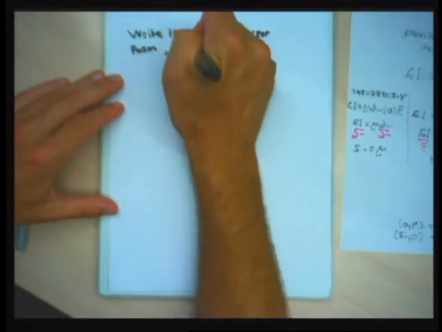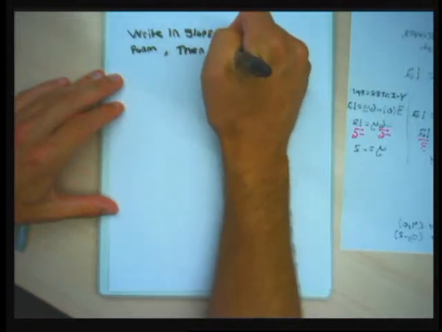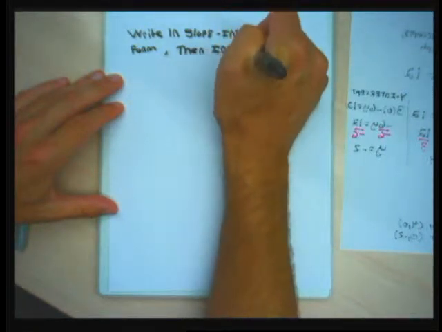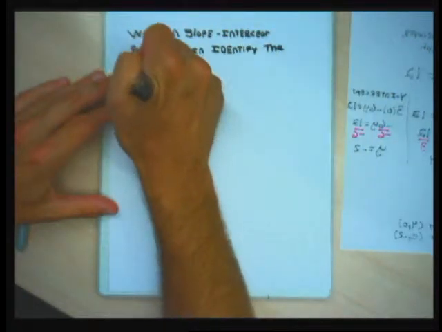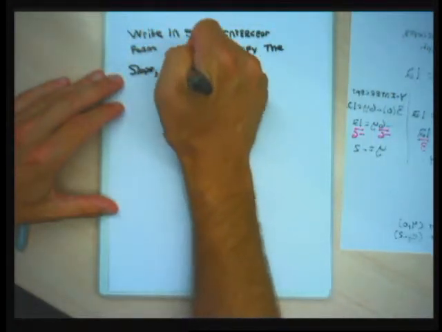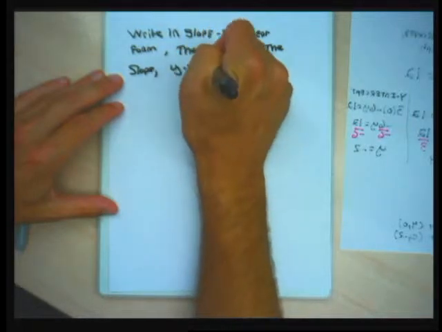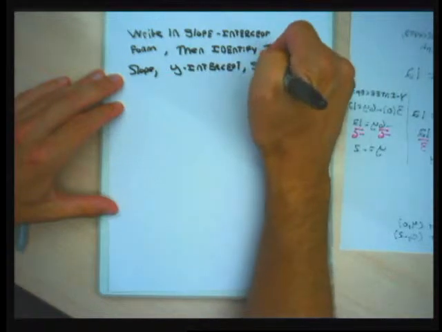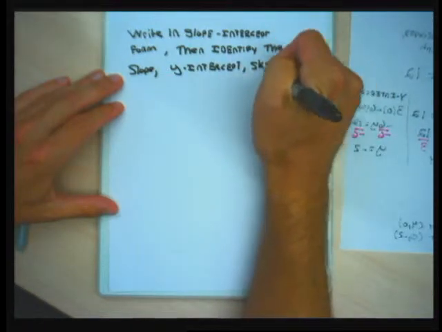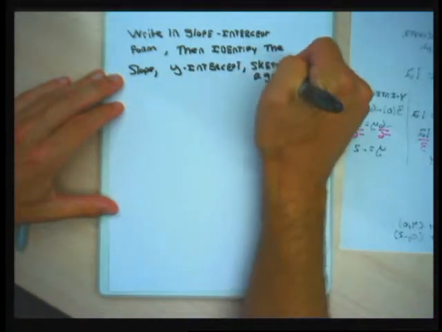Then identify the slope, the y-intercept. I'll even make it harder, sketch a graph. In the section, we didn't do the sketch a graph part, but the sketch a graph is hardly that hard.